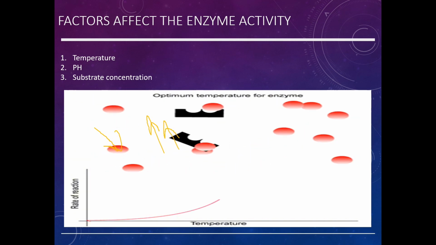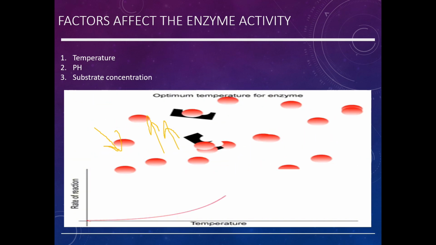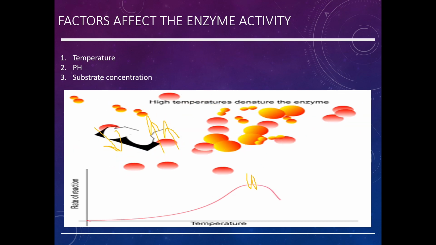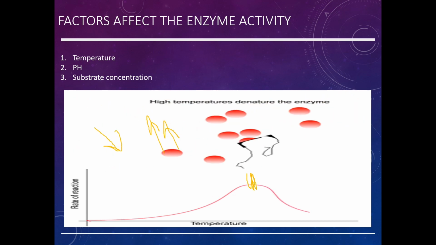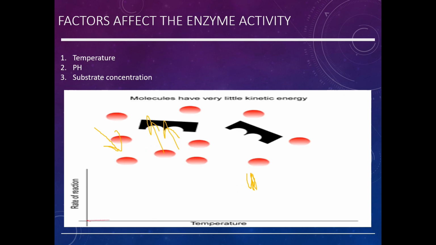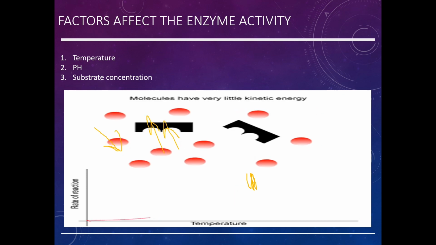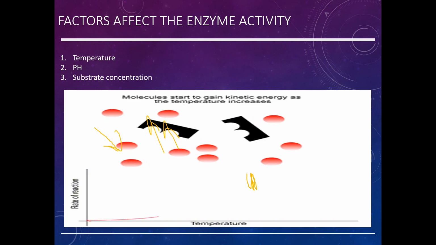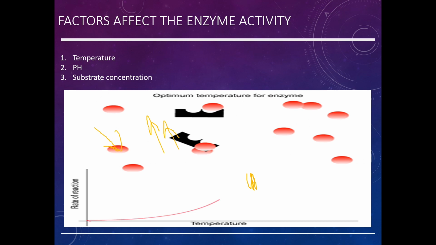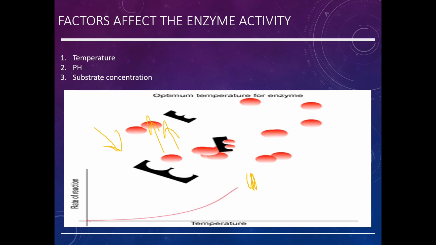Okay, so the rate will increase till it reaches the peak, which you can name the optimal temperature. The optimal temperature is the temperature that the enzyme will perform best at. So it will be the fastest rate of reaction.